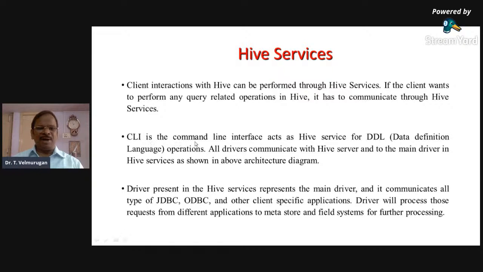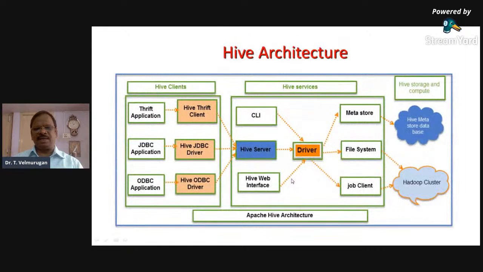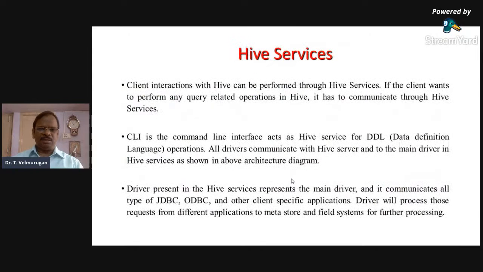CLI is the command line interface, which acts as a Hive service for DDL, data definition language operations, and all drivers communicate with the Hive server and the main driver in Hive services, as shown in the architecture diagram. Already in the architecture diagram, all these things are shown.